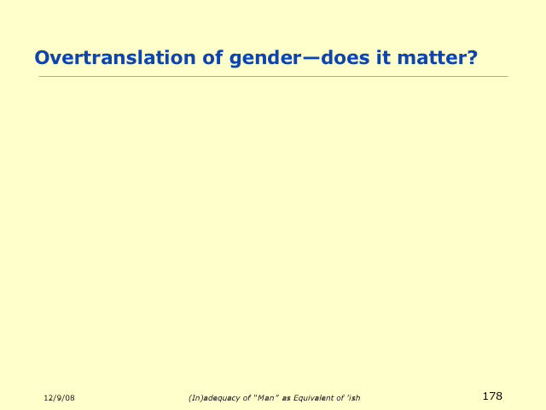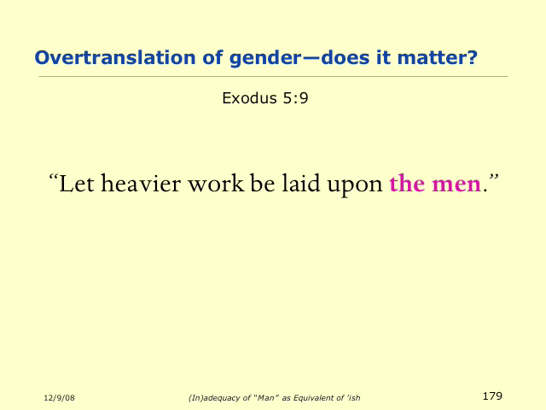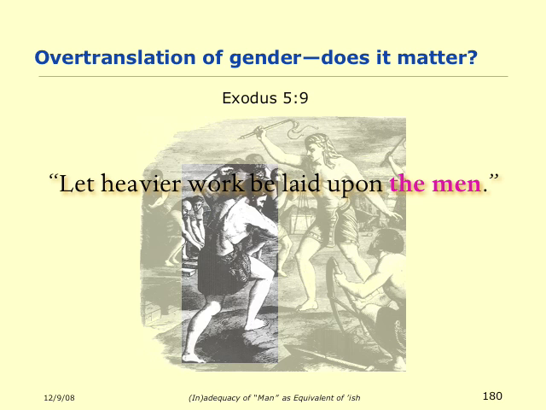As for the over-translation of gender, how much does it matter? I mean, if the guys being referred to are male anyway, what is the harm in calling them men? Let us go back to our first example. In my experience, contemporary readers are predisposed to believe that in the biblical world only men counted.